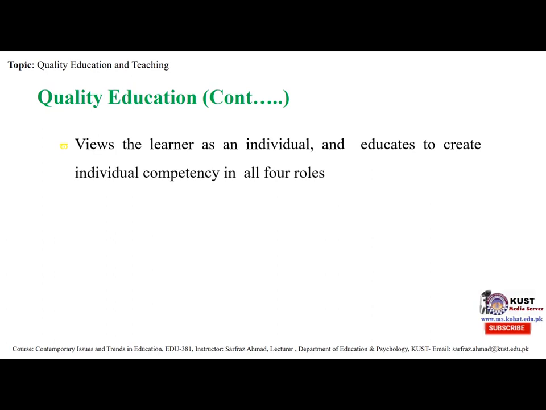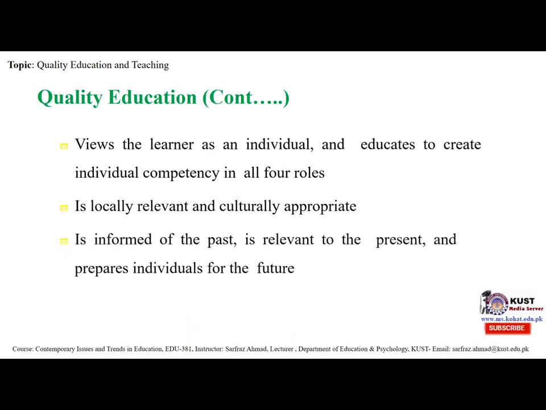There are different ways that policymakers can improve the quality of education: acknowledge and address overcrowding, make funding schools a priority, address the school-to-prison pipeline, raise standards for teachers, and put classroom running and curriculum building decisions in the hands of the community. The other point is that it is locally relevant and culturally appropriate, informed of the past, relevant to the present, and prepares individuals for the future.